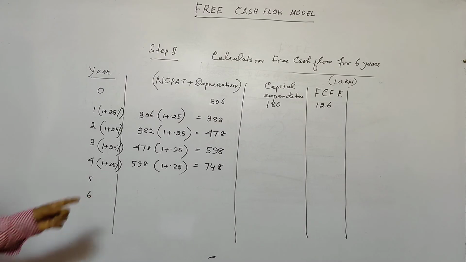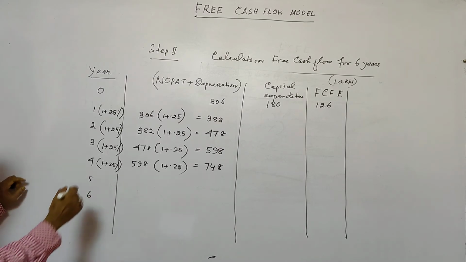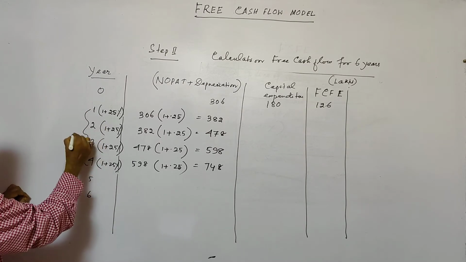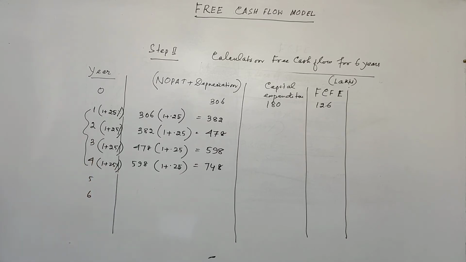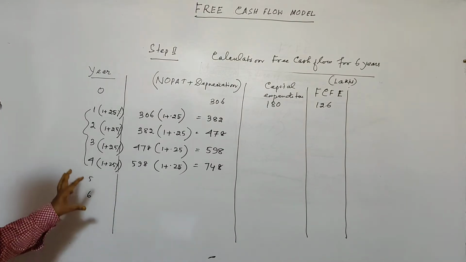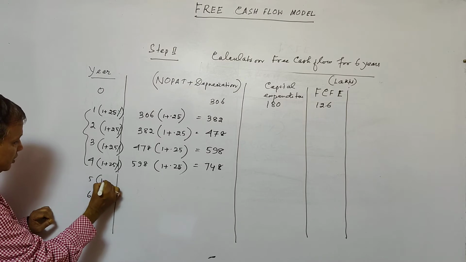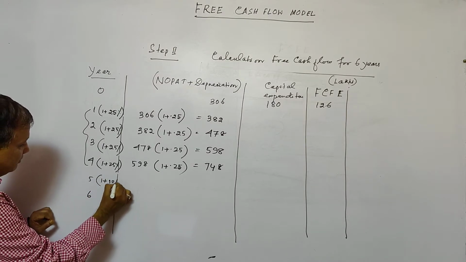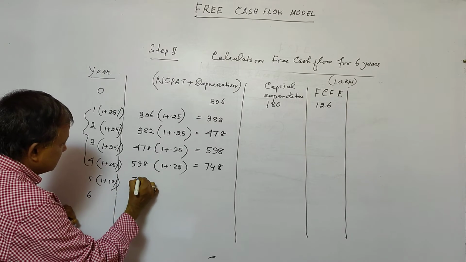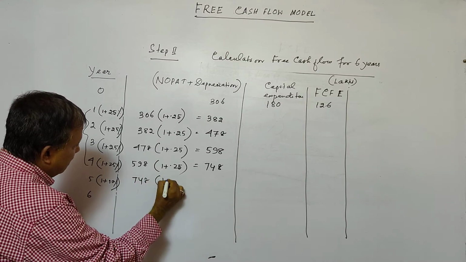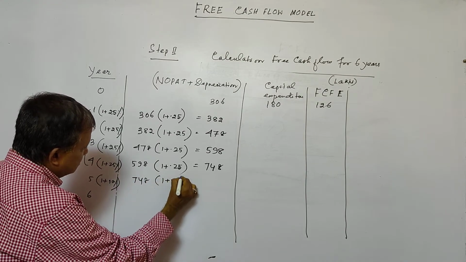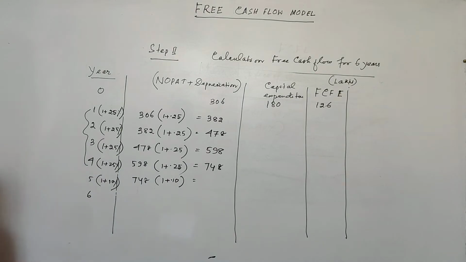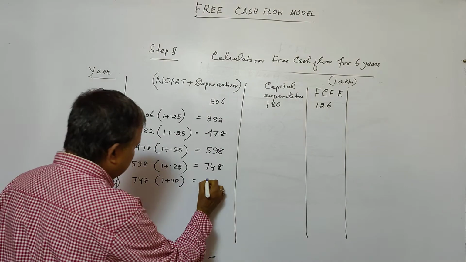Then there is a 10% growth after these 4 years. In these 4 years, there is a 25% growth, and after that the growth is only 10%. So it will be 748 times 1 plus 0.10, and it will come to 823.